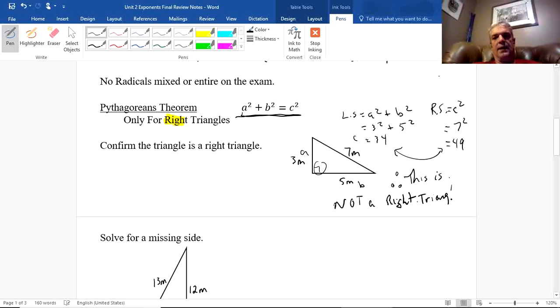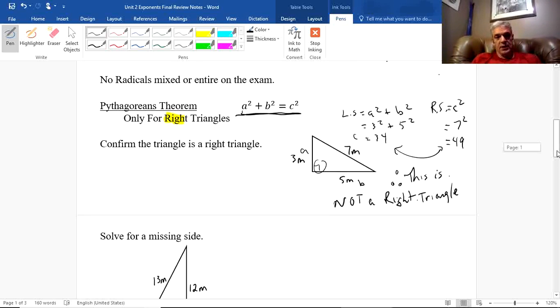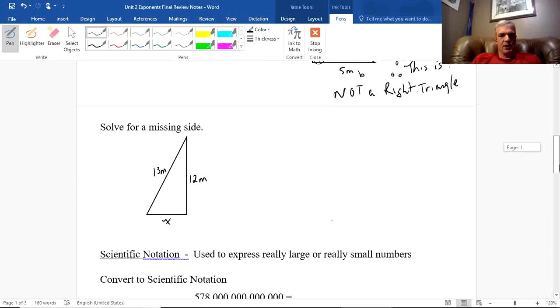And if they equaled each other, then we know that they are correct. Okay, so I threw it on just as an example. This is not a right triangle. Okay, and then you could have one that is. So those kinds of questions do show up from time to time.